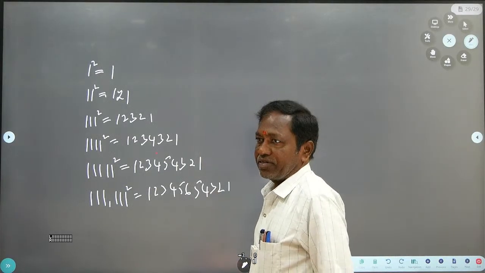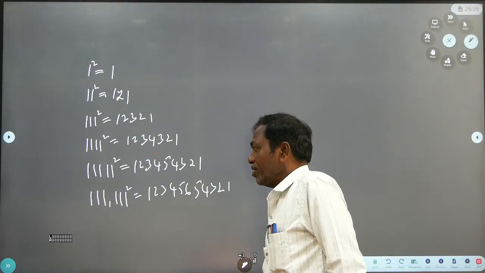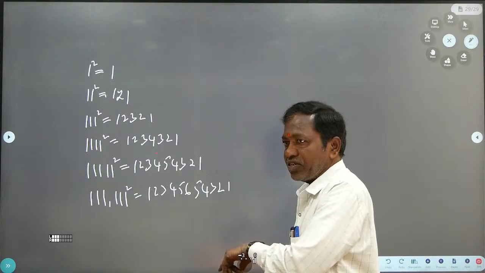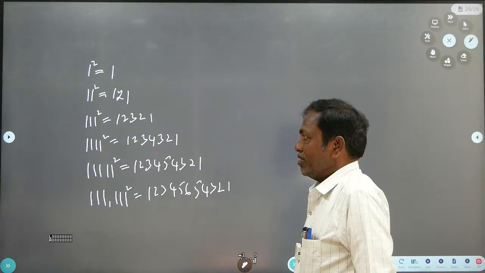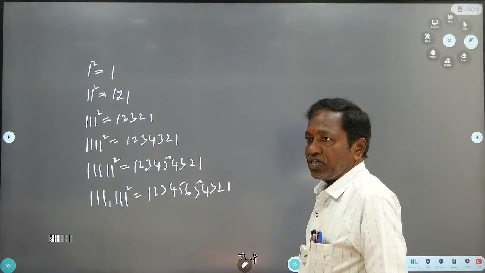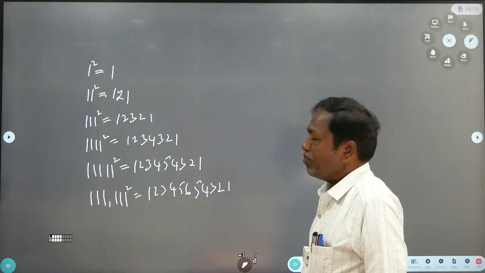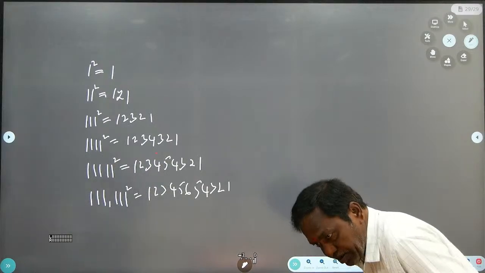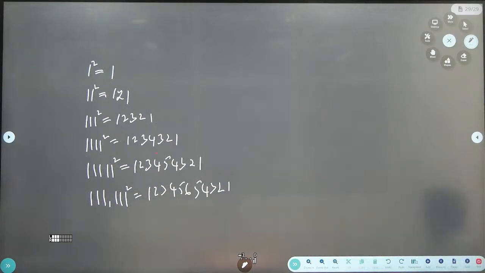It will come like this. But I think 2 years before, a question was asked related to this. I will come up with that question. I think 23 or 24, I do not remember exactly. So these are the very properties of 11.